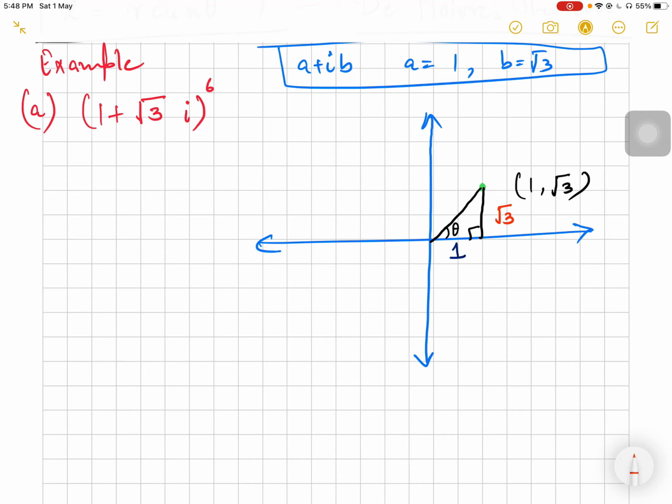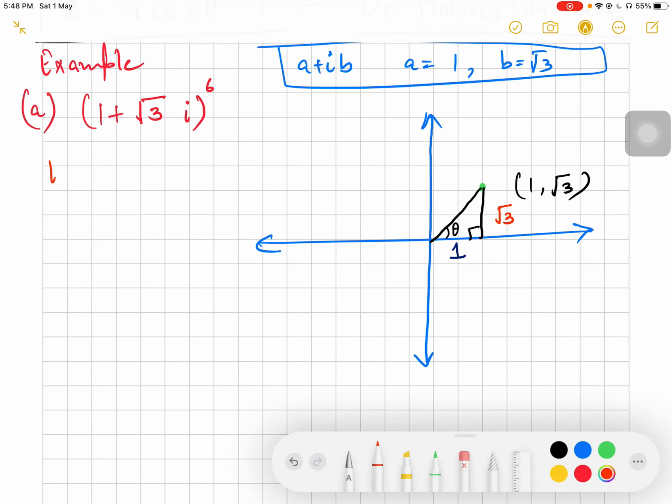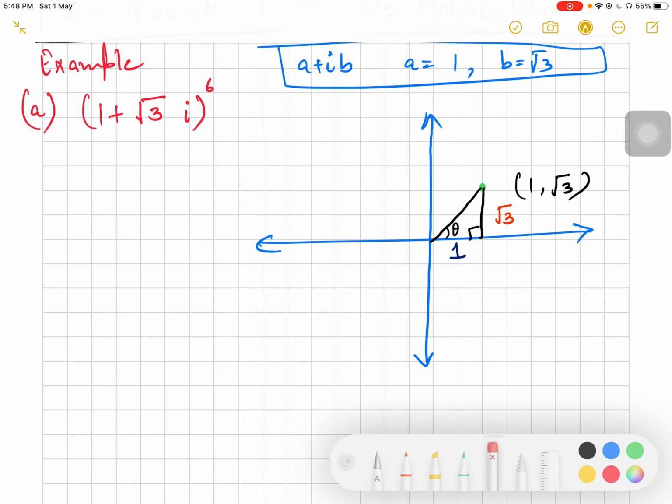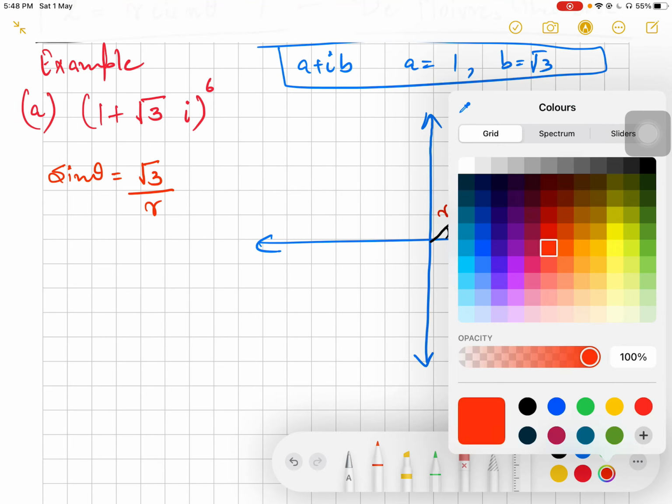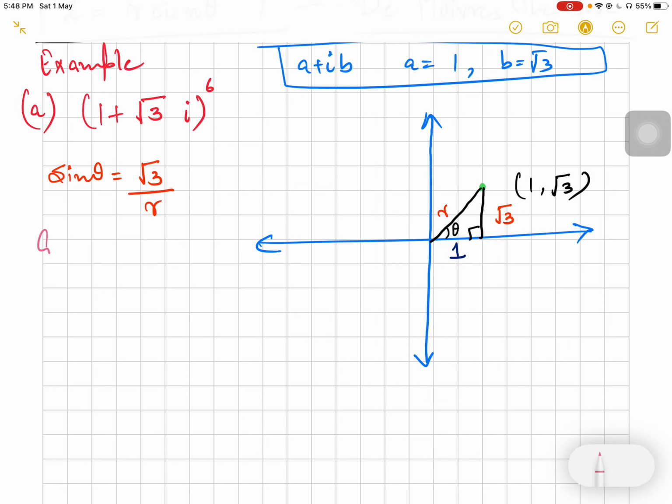Now sine theta will be root 3 upon r, let's call this distance r, and cos theta will be 1 upon r.